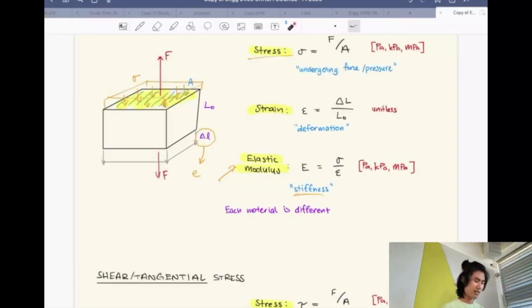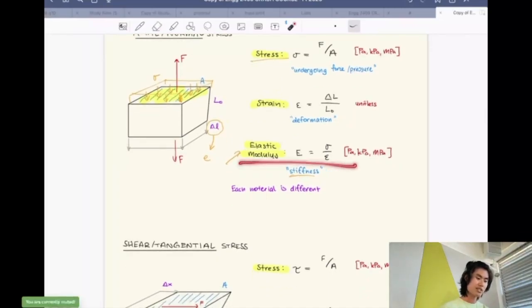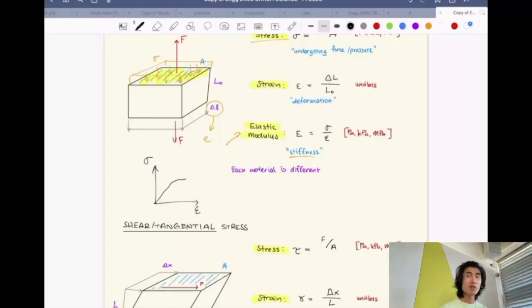If it's being compressed instead, like this, how much will it squish? So that's your elongation and your strain. And then the elastic modulus is the material property that makes up both stress and strain. You'll see a lot of diagrams of materials. They usually have a stress-strain diagram like this, and then they might look something like that. It's just a material property thing, and we'll go into that a bit later.